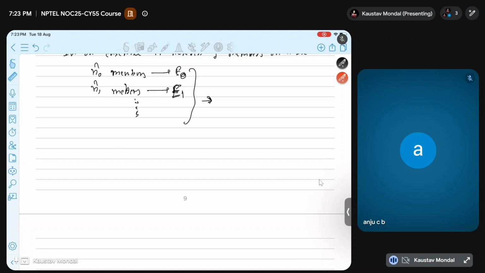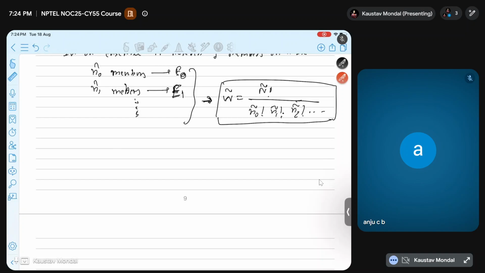The formula is similar. The weight we defined is n tilde factorial divided by n0 tilde factorial, n1 tilde factorial, n2 tilde factorial. So this gives the weight of that configuration.